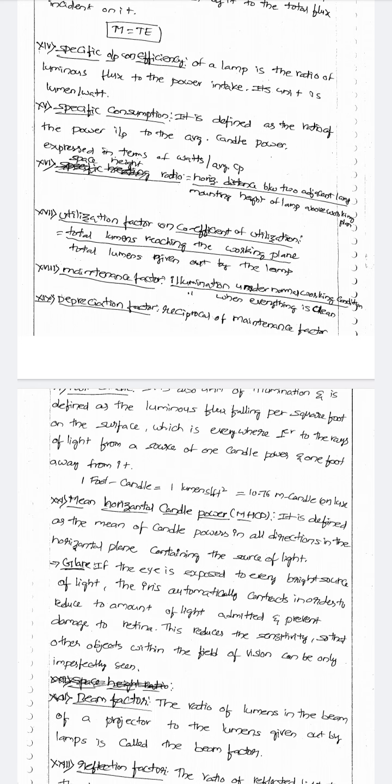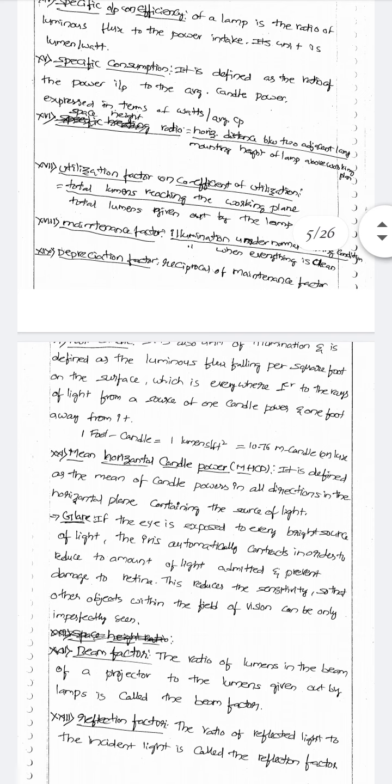Next one, maintenance factor. It is defined as the illumination under normal working conditions to the illumination when everything is clean.